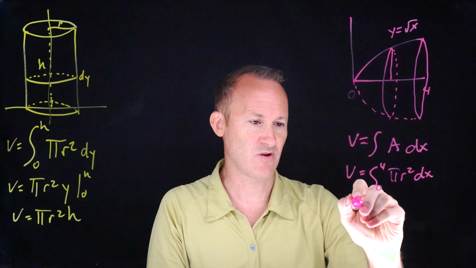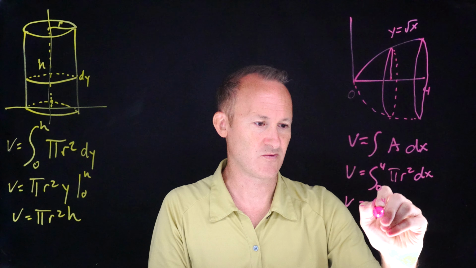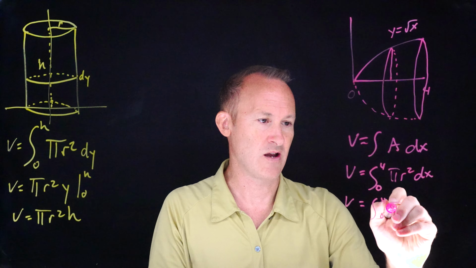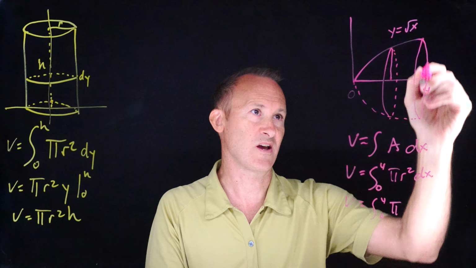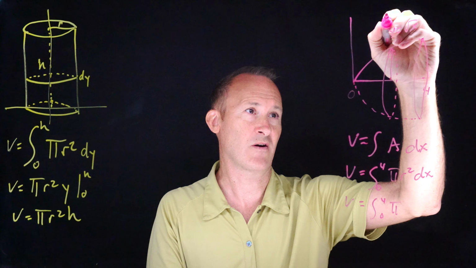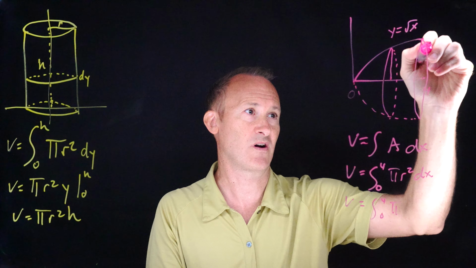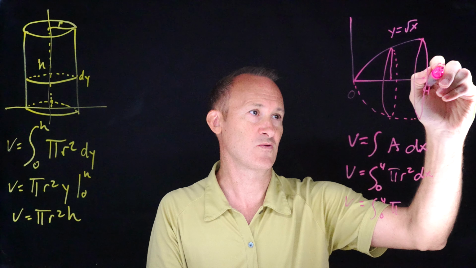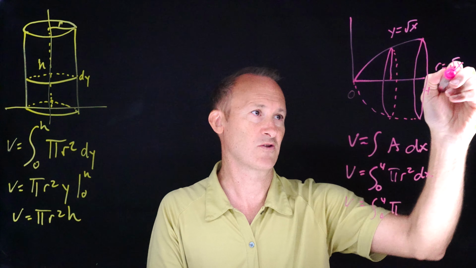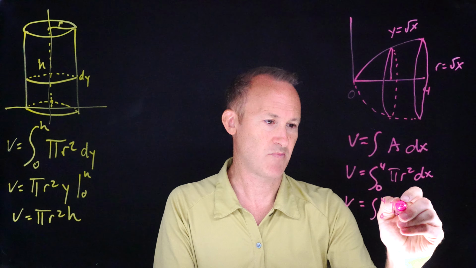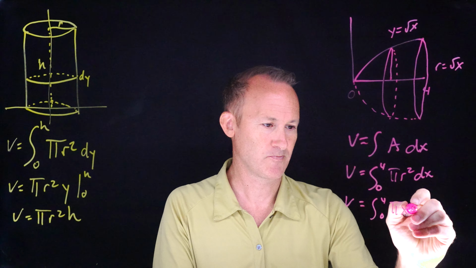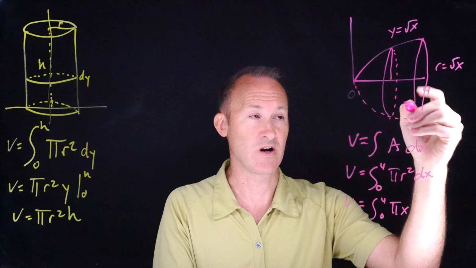So we can rewrite this as the integral from 0 to 4 of pi r squared. Since r equals y, r equals the square root of x, and if you square that, that's just x. So it's pi x dx, because r squared is x.